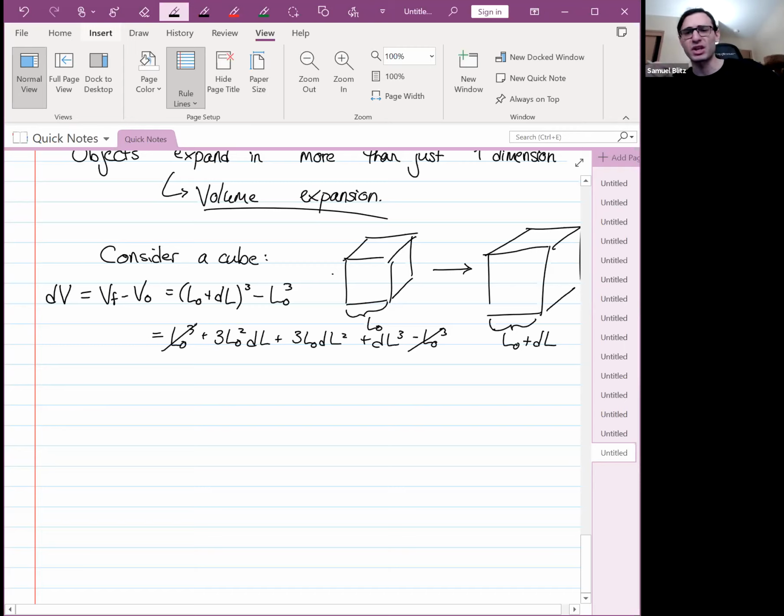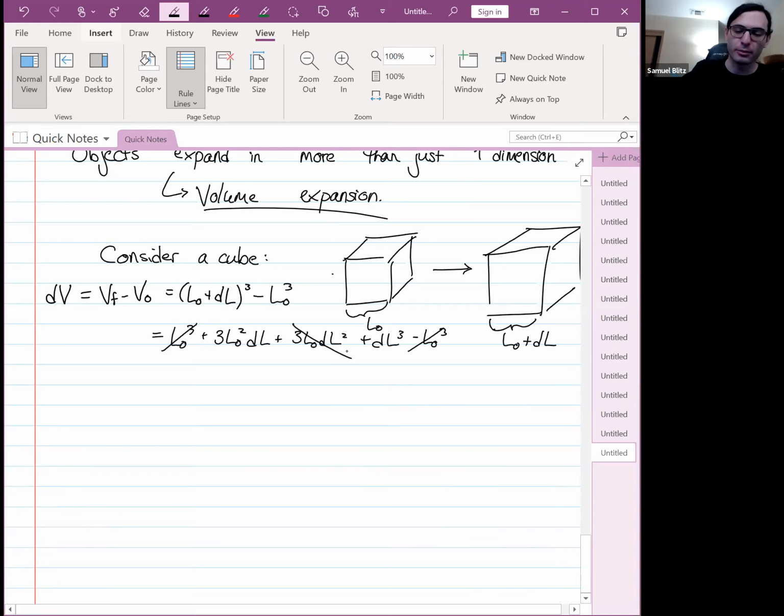And then we're going to do something that we do often in calculus. If we're just talking about a small expansion, and these expansions really are small, like fractions of a millimeter for a few degrees Celsius change, then the length that the sides will expand by, dl, is small. It might be like 1 millimeter. So if dl is 1 millimeter, then dl squared would be a micrometer, and dl cubed would be a nanometer.